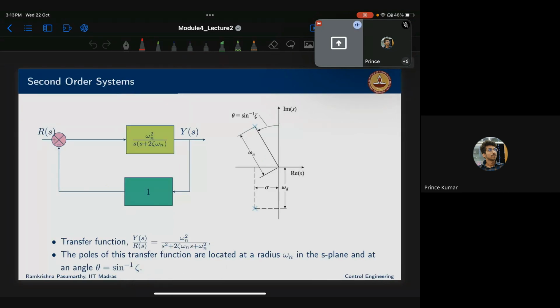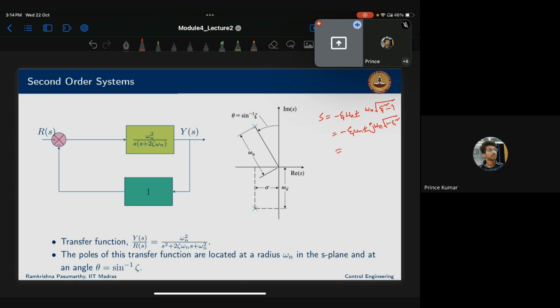Okay, so let us say we got s as minus zeta omega n plus or minus omega n root over zeta square minus 1. This we can write as minus zeta omega n plus or minus j omega n root over 1 minus zeta square. I'm just reversing these two and adding this j term.